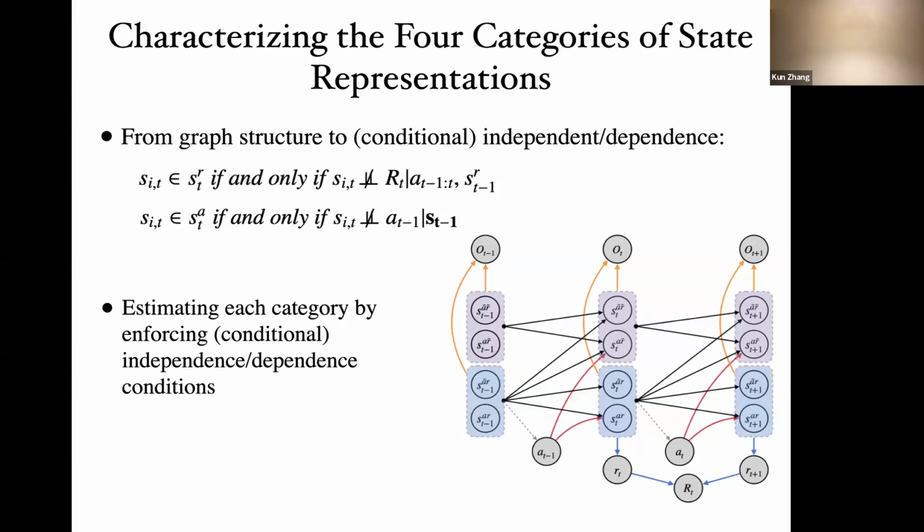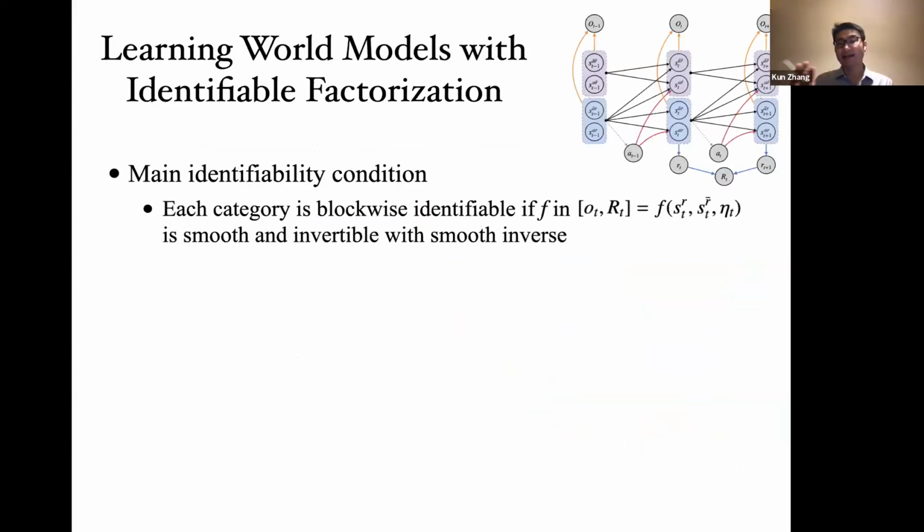Okay, so on the right, you can see the graphical representation, and you can just see the conditional independence or dependent relations involving those state representations and action and reward. And then you can just estimate each of those categories of the representations by enforcing a certain type of conditional independence or dependent relations. That's it. And furthermore, you have identifiability.